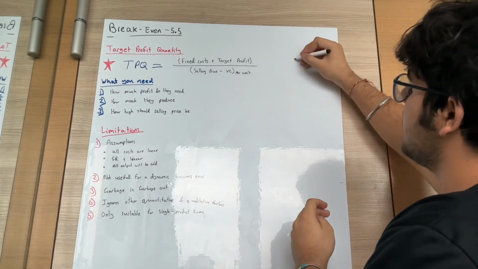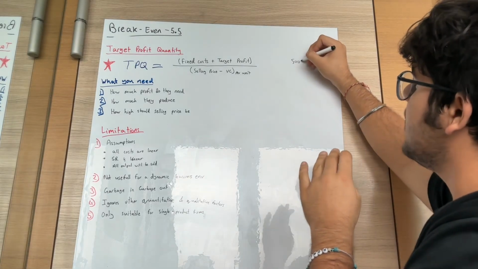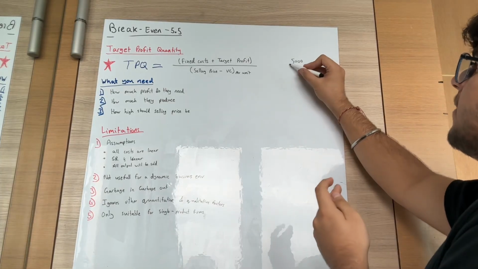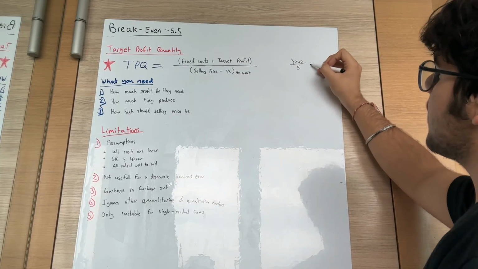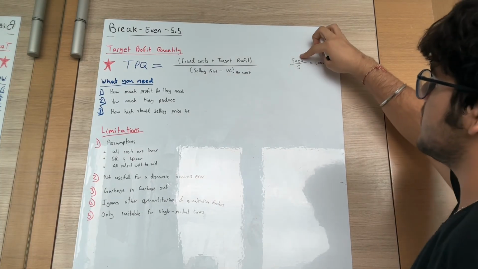So if my fixed costs are $5,000, I need to earn a minimum of $5,000 to cover my fixed costs. And if my contribution per unit is 5, then my break even is 1,000, all right? So I need 1,000 units.